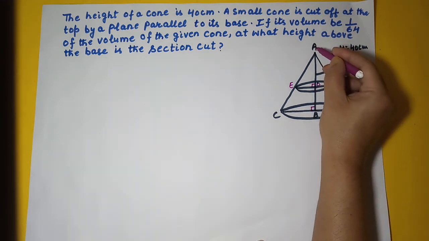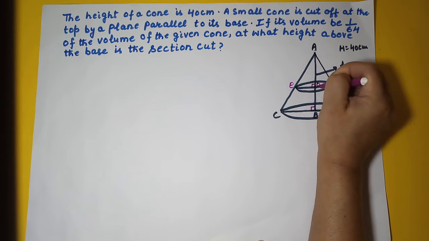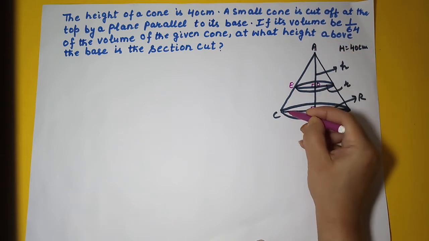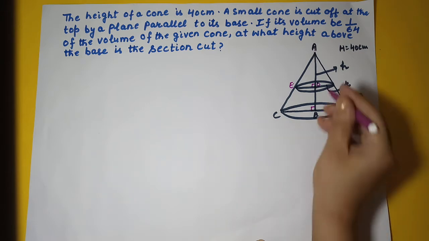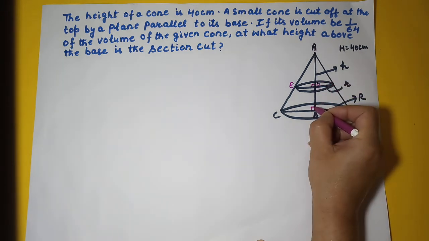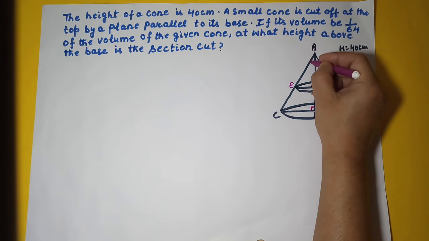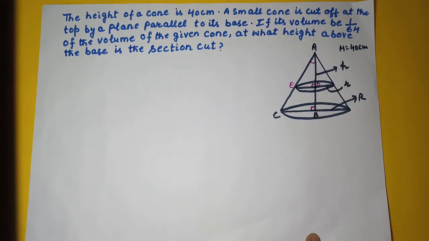If you look at the triangles AED and ACB, they are two similar triangles, right? Why? Because this angle is 90 in both the triangles and this angle is common in both the triangles. So can we say that these two triangles are similar? Yes.